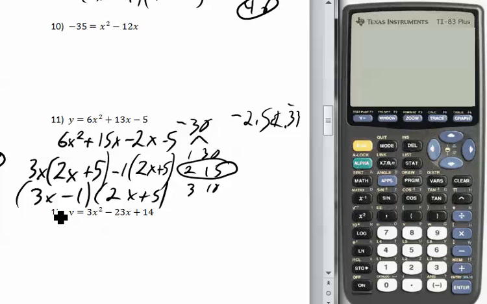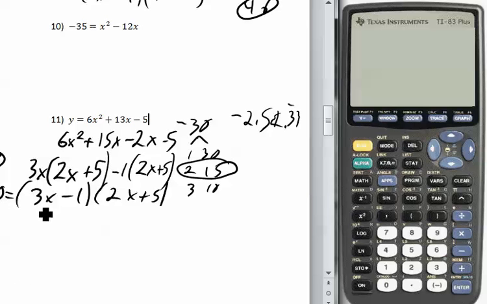Okay, we're not done yet. We have one more step to do. So now what we need to do is find out what is going to make each of these terms 0.